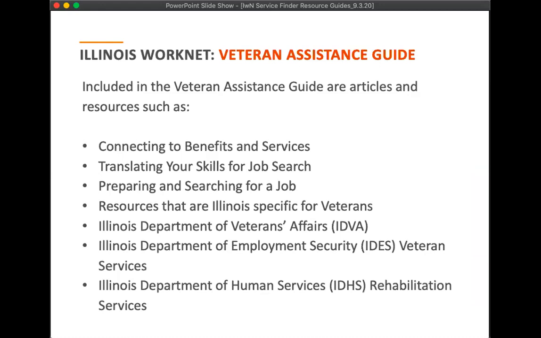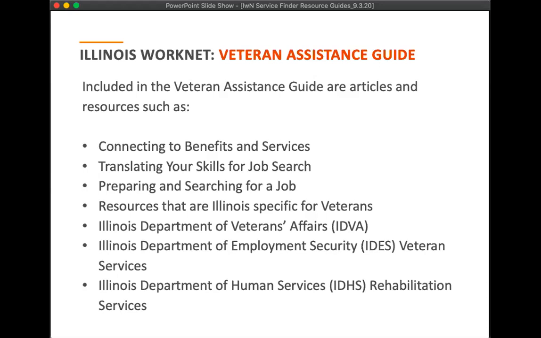And so included in this Veteran Assistance Guide are articles and resources. With the Veteran Assistance Guide, we have information on connecting to benefits and services, translating your skills for the job search, preparing and searching for a job, a not completely comprehensive list of resources that are Illinois specific for veterans.